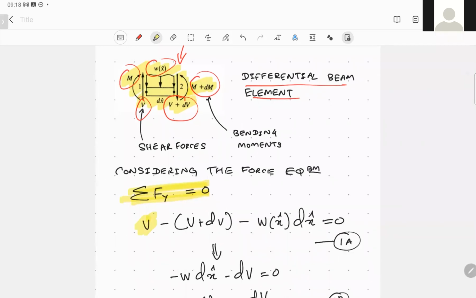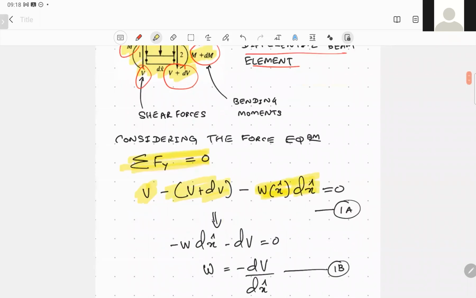There's plus V, the shear force acting in the positive y direction, and V plus dV, which acts in the negative y direction. The force contribution due to the applied distributed load is given by W of x times dx, because dx is the length of the element. This is the total force applied on this element, and it acts in the negative y direction.